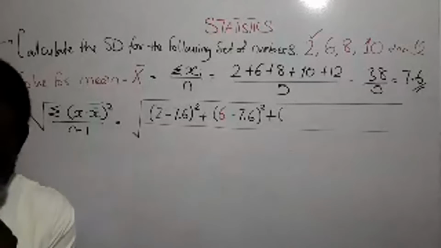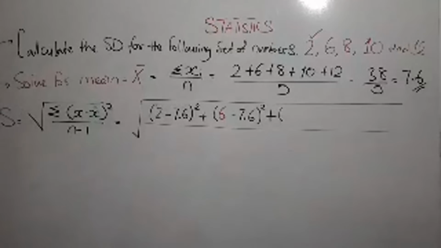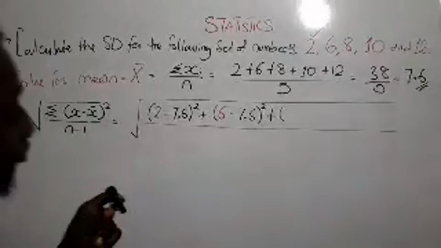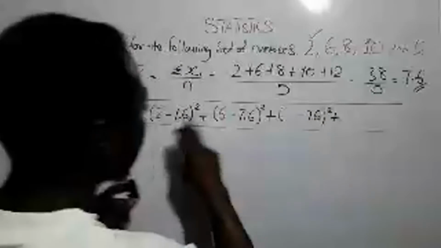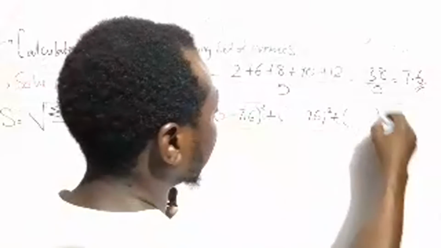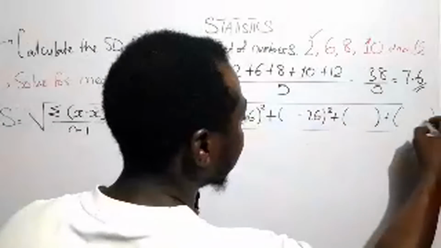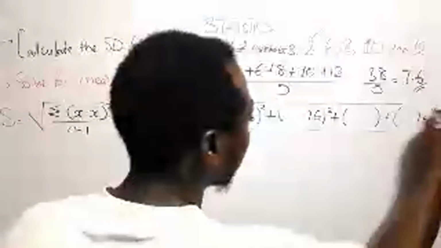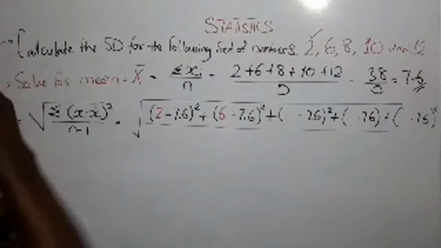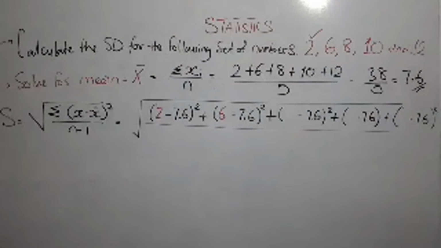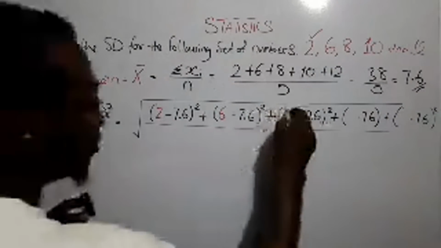So now we have the next one, minus 7.6 squared. 1, 2, 3, 4, and we have 5. 7.6 squared, 7.6 squared. Then the next one should be 8. Then this should be 10.